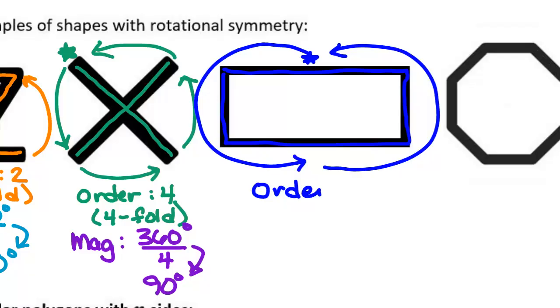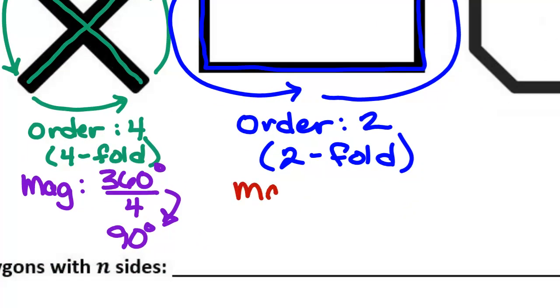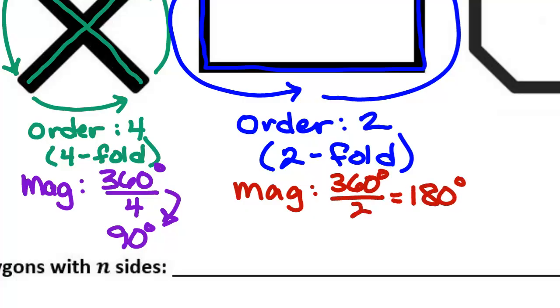Order is 2, or 2-fold. What would the magnitude be? 180. We do 360 degrees divided by 2. So that would be a magnitude of 180.